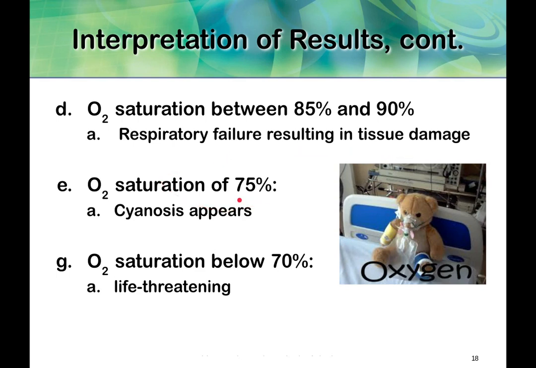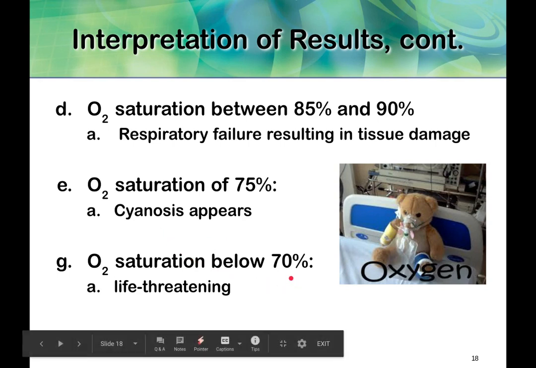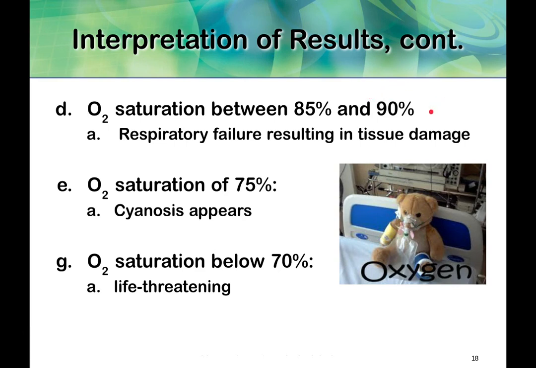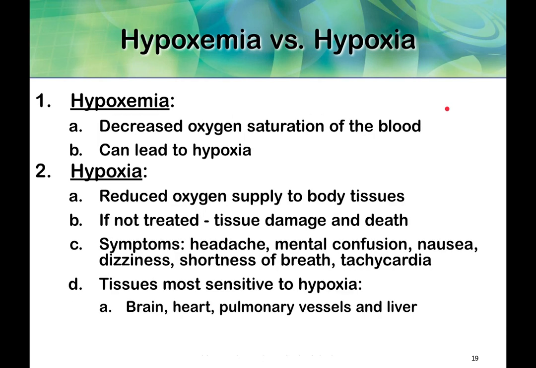Below 75%, you'll usually see cyanosis or bluing of the patient's lips, fingernails, skin. And below 70% is life-threatening. So if you see any of these on your pulse oximeter, you're sure that it's working correctly, and you've had the patient take a few deep breaths to see if it can come up, this is definitely something you would want to notify your provider of immediately.